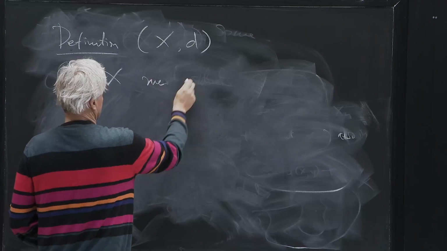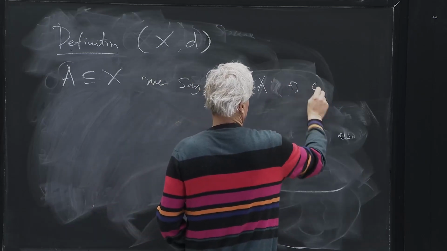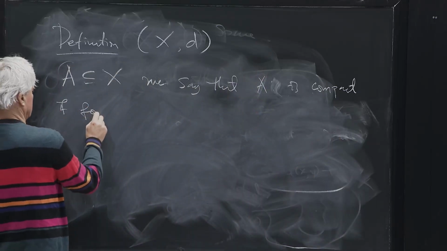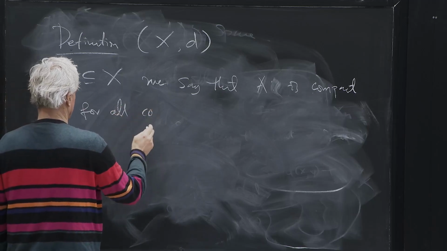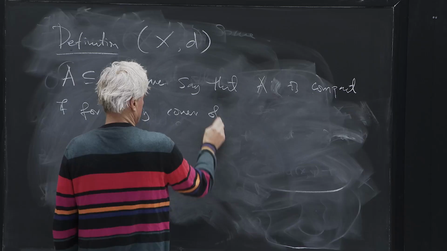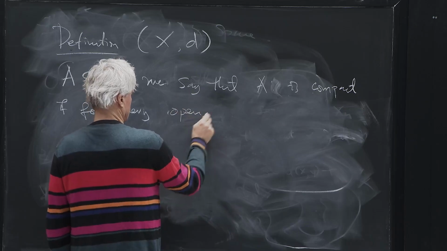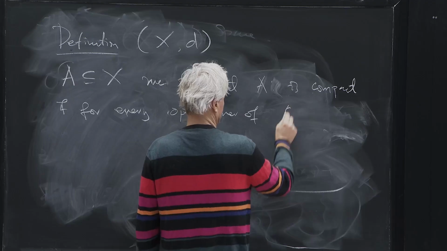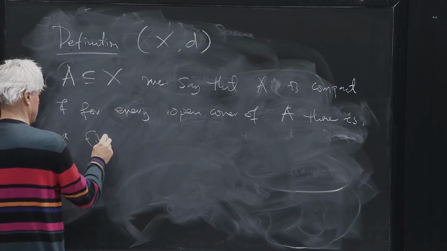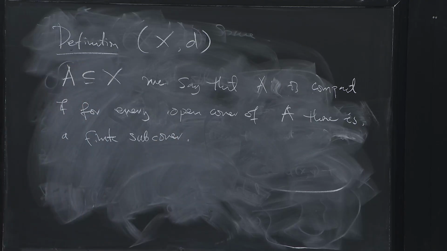And we say that A is compact if for every open cover of A, there is a finite subcover. Okay, that's fine.